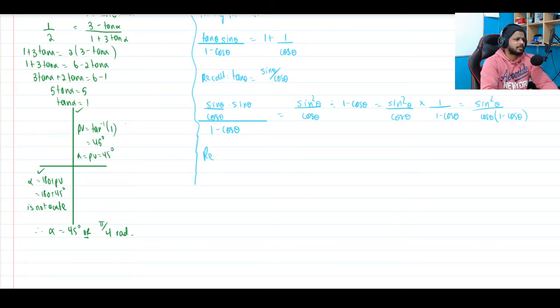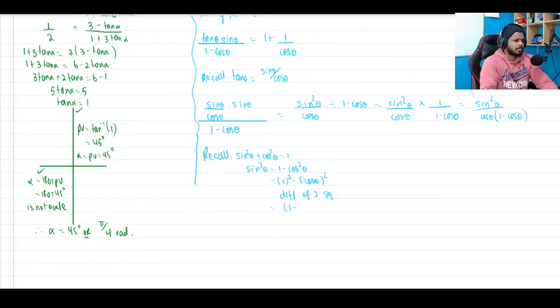So I recall that sine squared theta plus cos squared theta is 1. Sine squared theta is 1 minus cosine squared theta, which is 1 squared minus cosine theta squared. It's a difference of 2 squares.